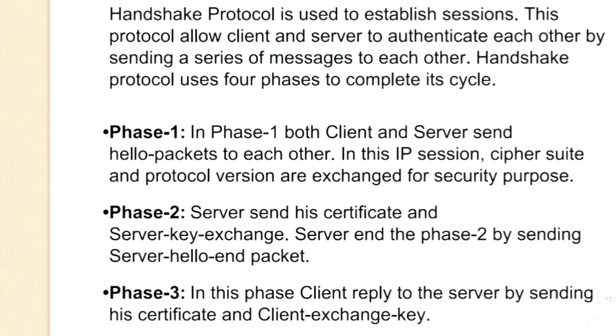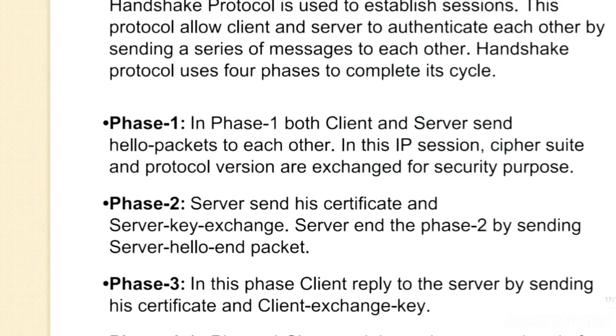Now, what will the handshake protocol do? The handshake protocol is used to establish sessions. This protocol allows client and server to authenticate each other by sending a series of messages to each other. The handshake protocol uses 4 phases to complete its cycle. In phase 1, both client and server send hello packets to each other. In this phase, the session, cipher suite and protocol versions are exchanged for security purposes.